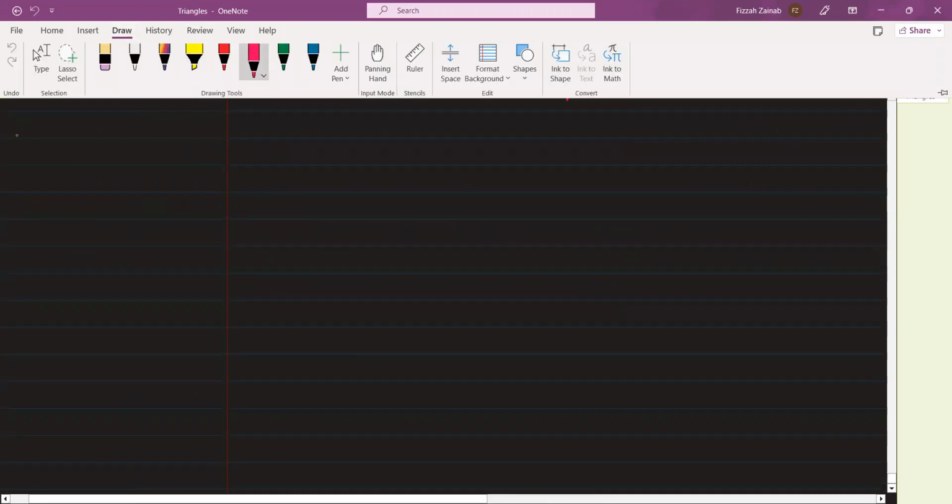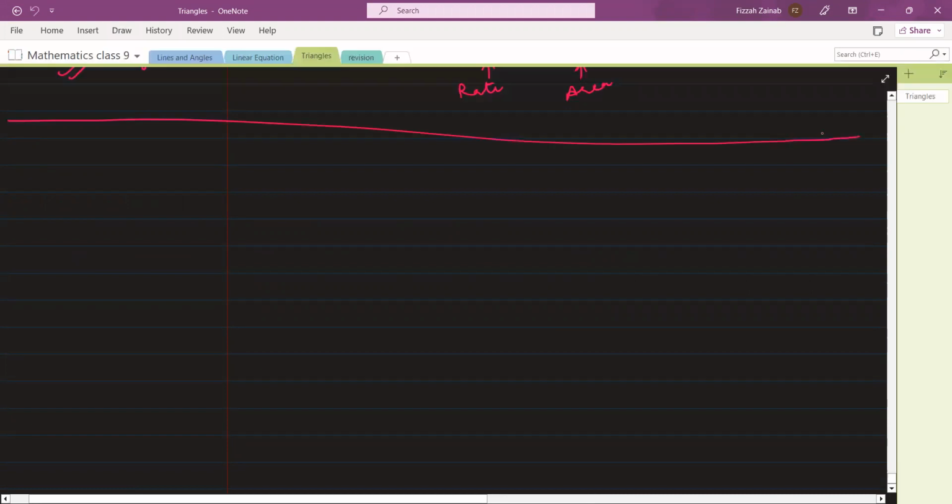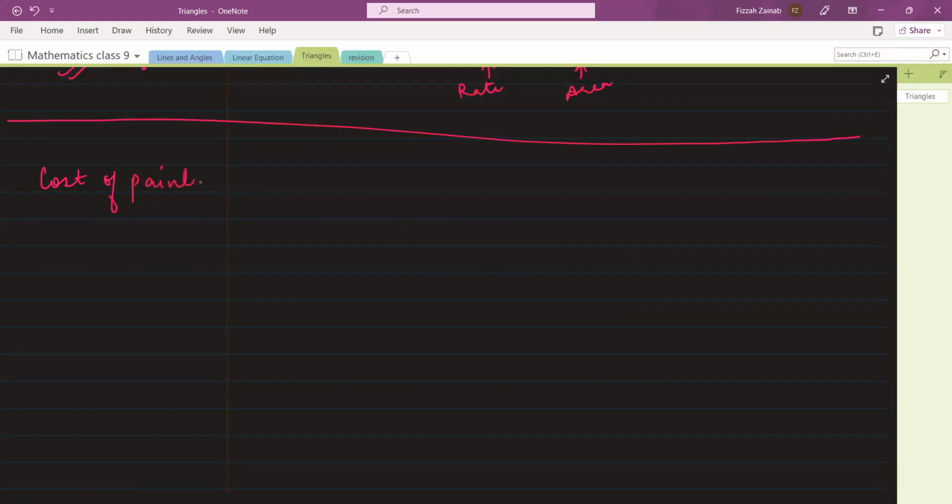So now coming to our question. That was just to explain to you. Now come back to our question. So basically, cost of painting is equal to area, in this case the inner curved surface area, multiplied by rate of painting.